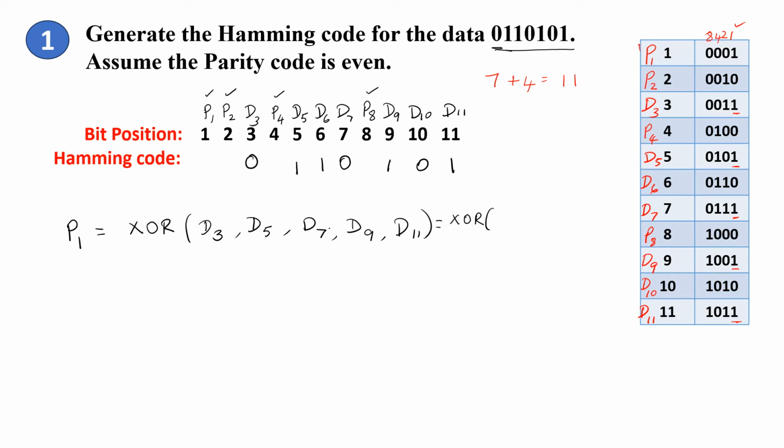So 0, 1, 0, 1, 1. In XOR, an odd number of ones means we get the output 1. So the answer is 1. So now P1 is 1, and you can write that in the P1 position.